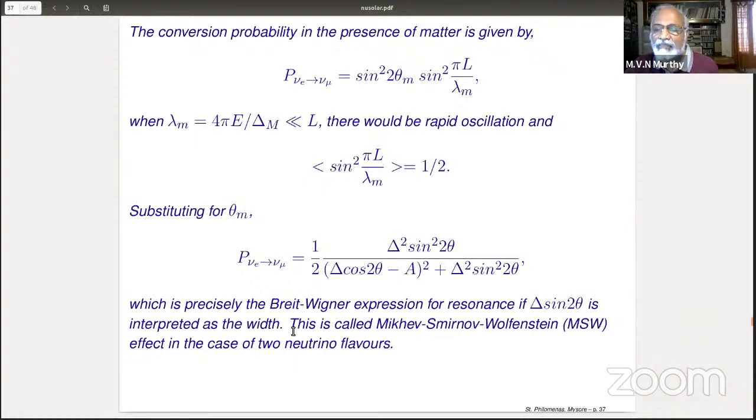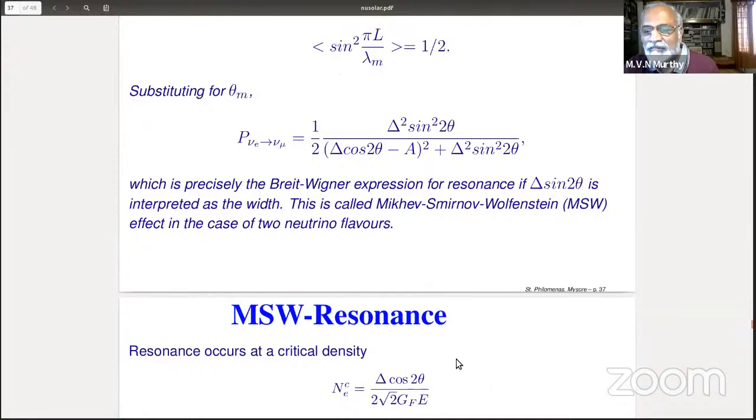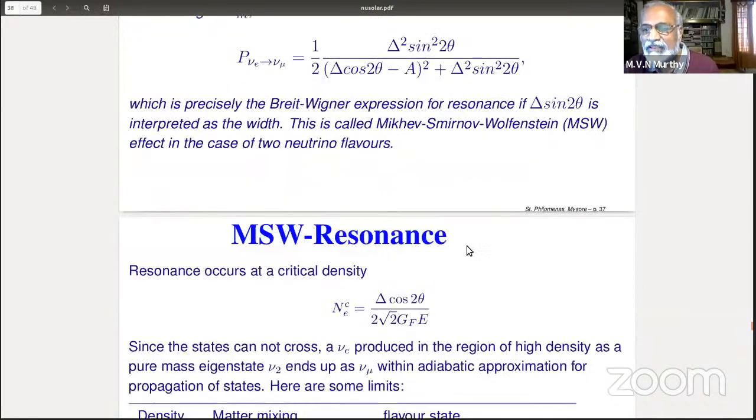And this mechanism was first worked out by Mikheyev, Smirnov and Wolfenstein, and it's called the MSW effect in the case of two neutrino flavors. And in fact, Professor Smirnov here is still a collaborator of Professor Amol Dighe. And this is the MSW resonance.